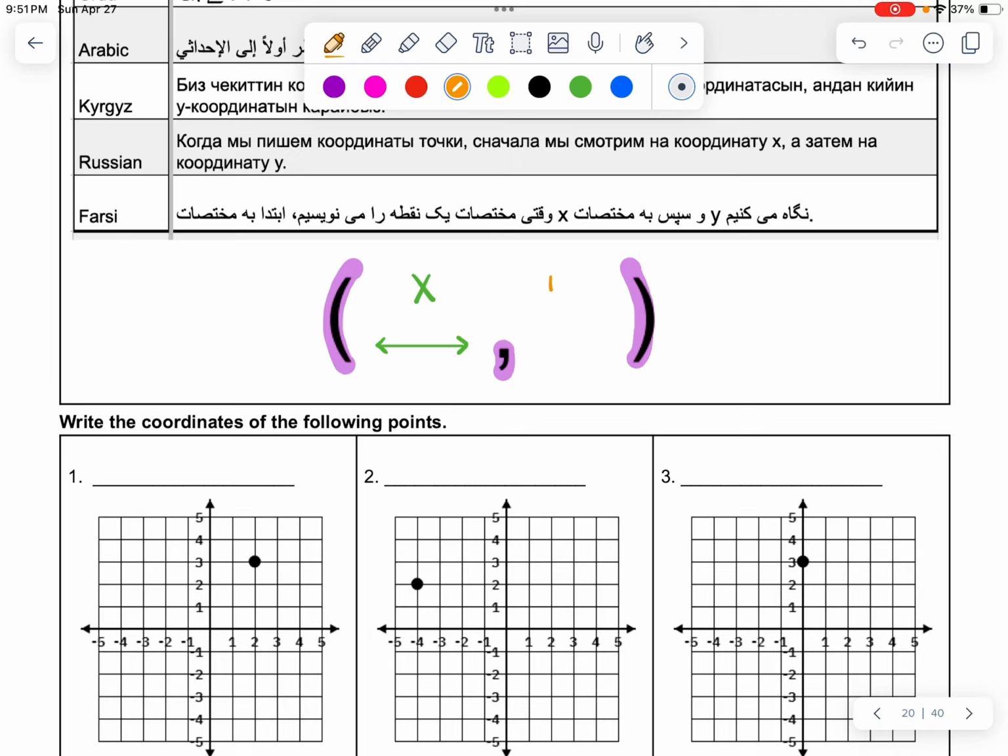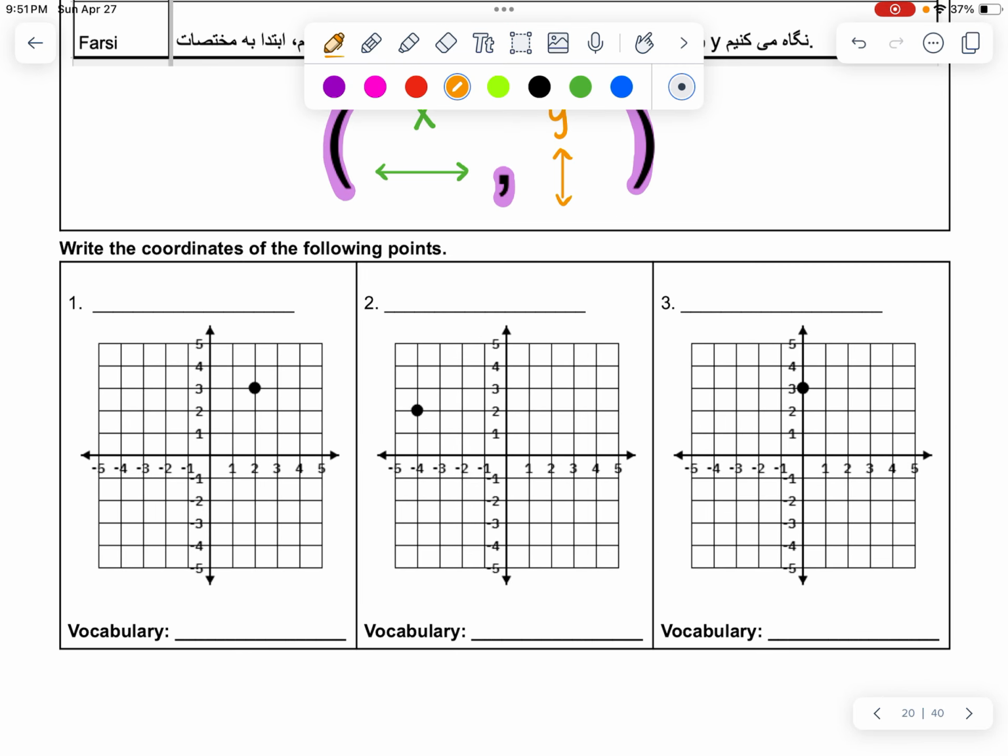The second number is the y coordinate, which is the amount of spaces we went up or down. Let's practice. Every single time that you need to write the coordinates of a point, you always need parentheses.